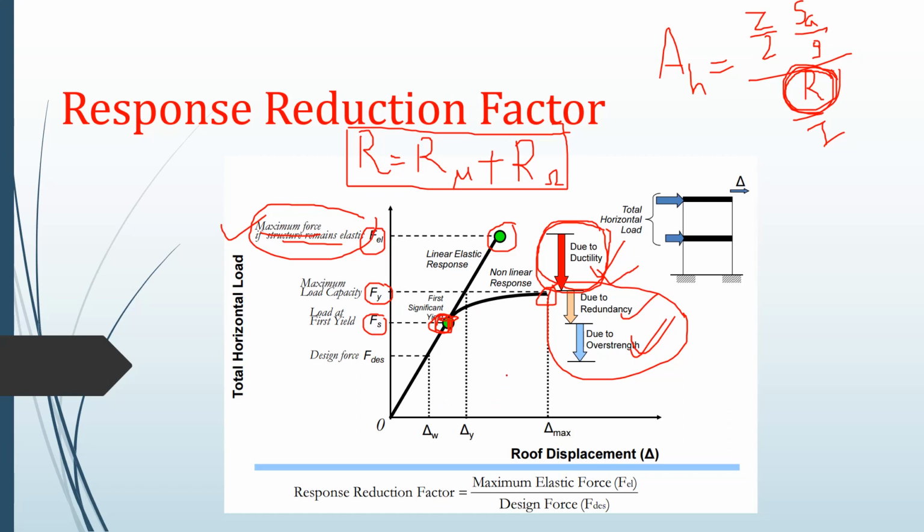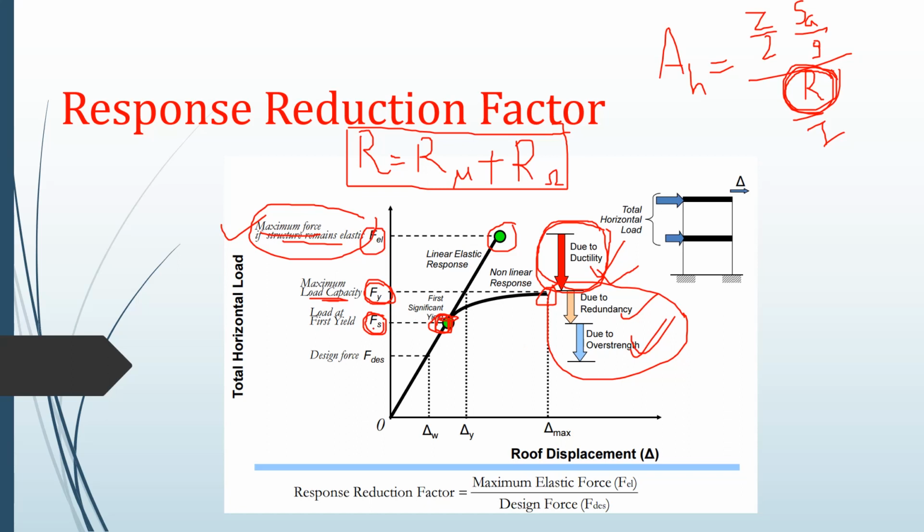And load redistribution in our redundant structure provides an additional safety margin. So because of this redundancy in our buildings, we can assume that our structure is able to withstand a higher force. So due to redundancy, this Fy value is decreased to Fs.